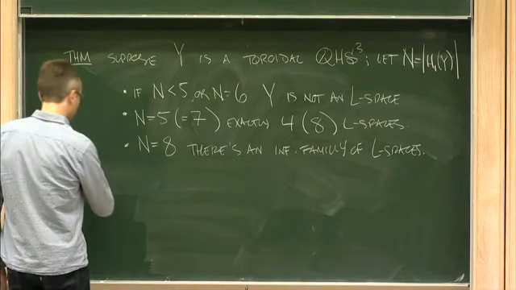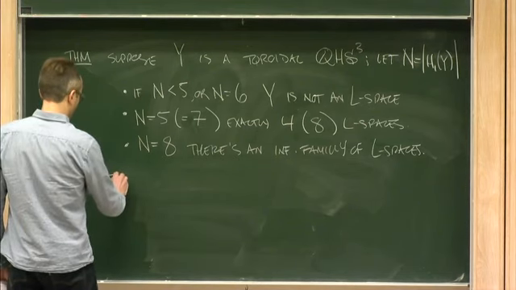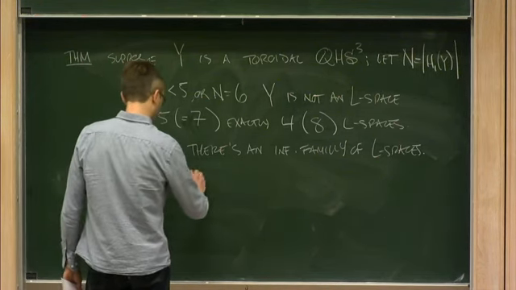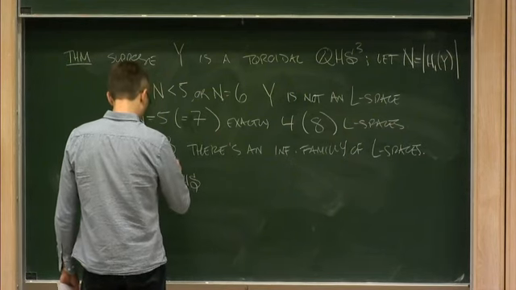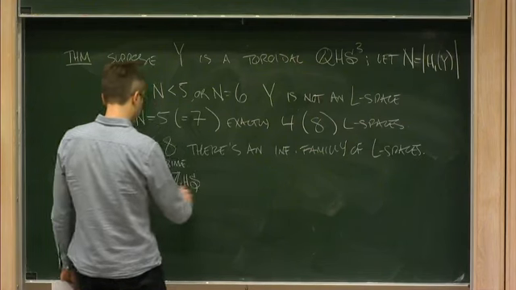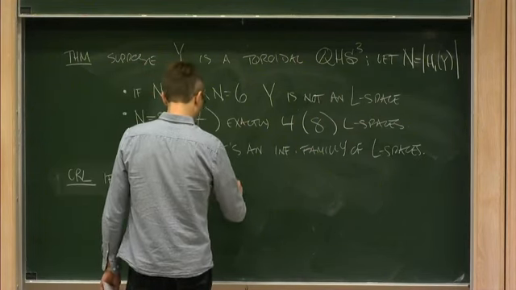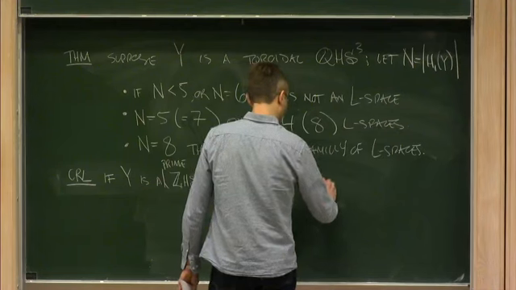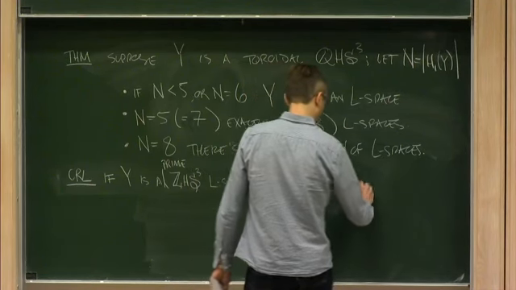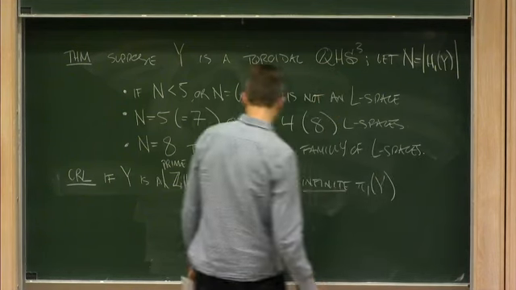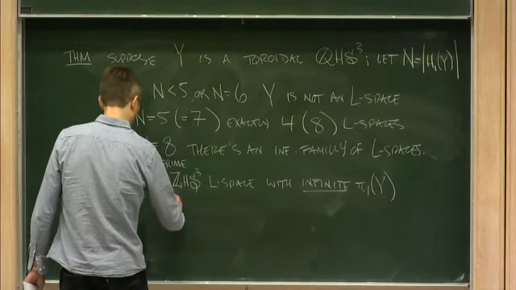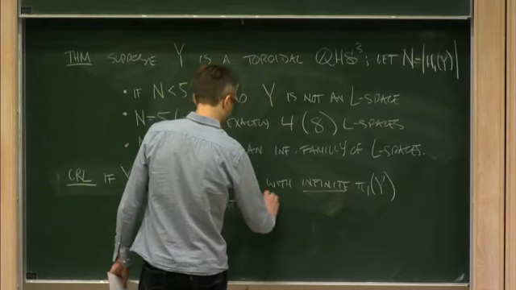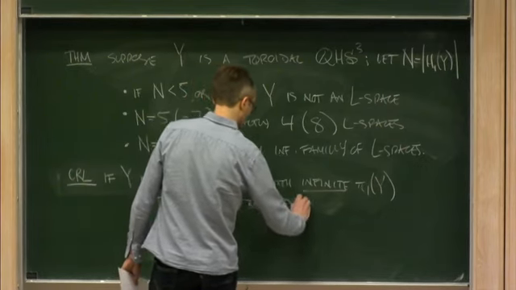So the corollary here is that if Y is an integer homology sphere, so a prime integer homology sphere L space with infinite pi 1, then Y must be hyperbolic.